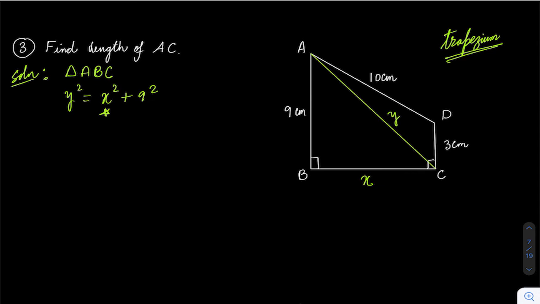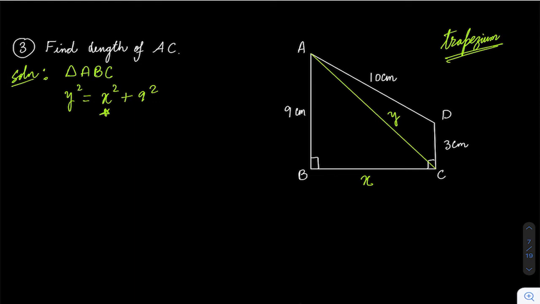Okay, so now what can we do? One thing, the length AD is also given and CD is also given. So you have to think how to use this AD and CD to find x.